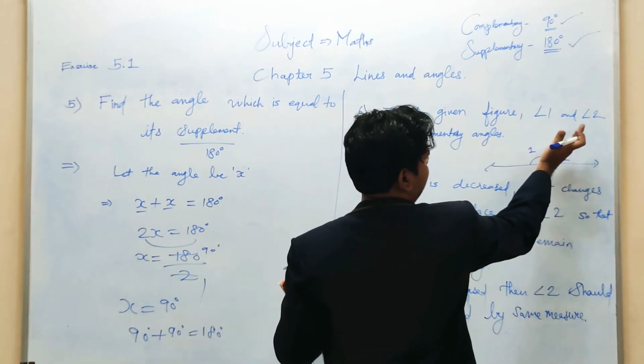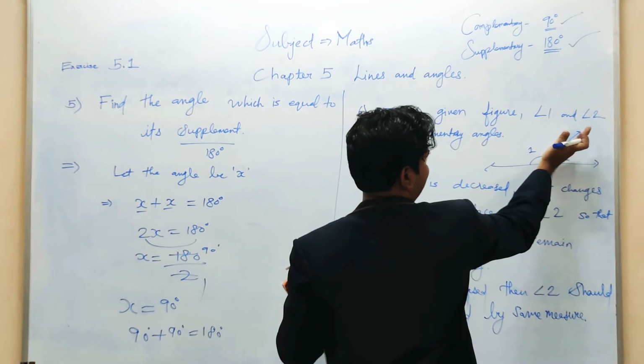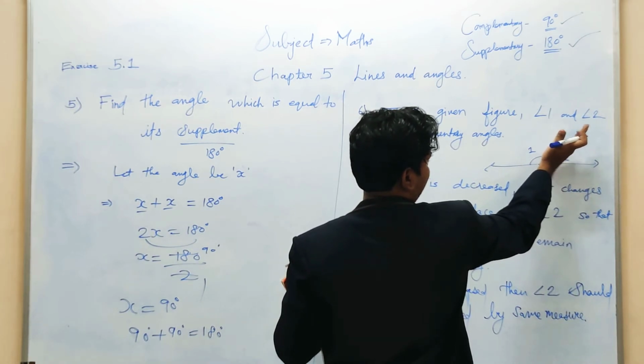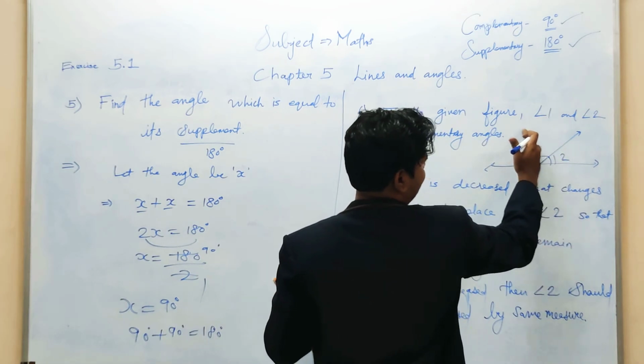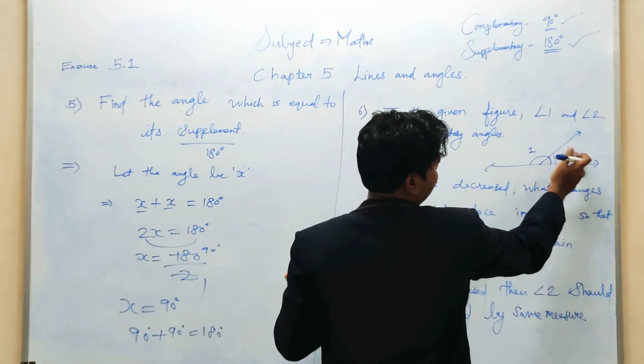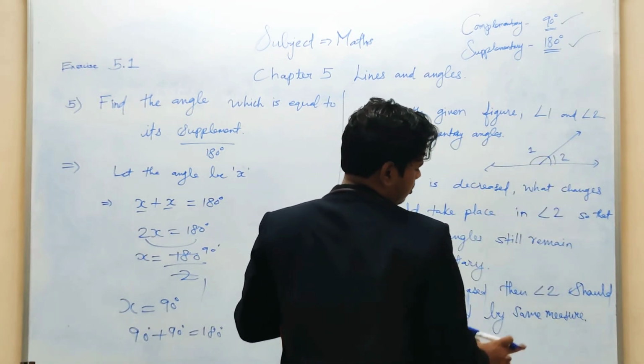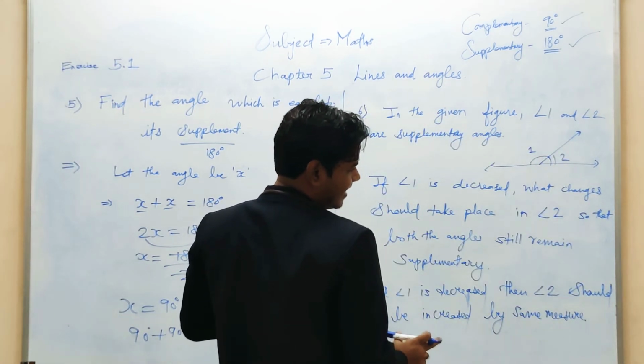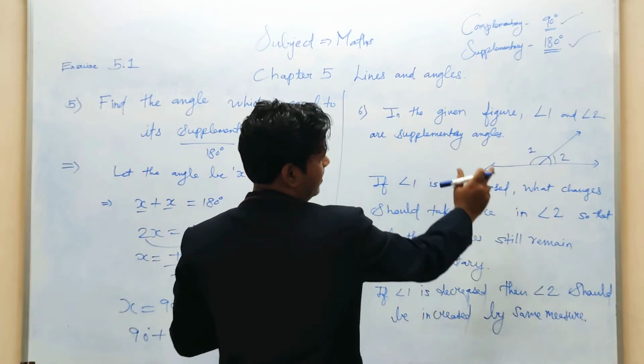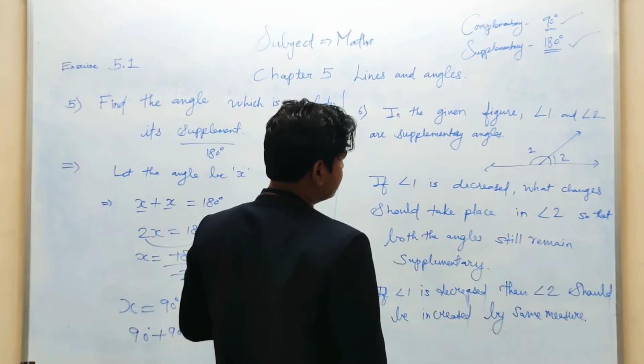Whatever extent, whatever degree we are reducing this angle 1, to the same extent, same measure, we have to increase this angle 2. So both the angles would be supplementary. Same measure.